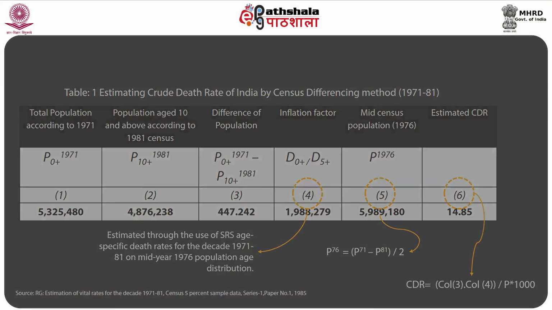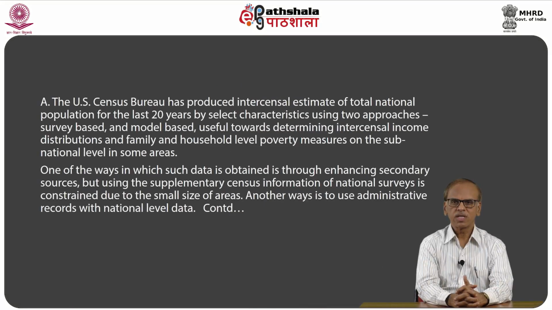Here we will illustrate some more examples. The US Census Bureau has produced intercensal estimates of the total national population for the last 20 years by select characteristics using two approaches, survey-based and model-based, useful towards determining intercensal income distribution and family and household level poverty measures at the subnational level in some areas.